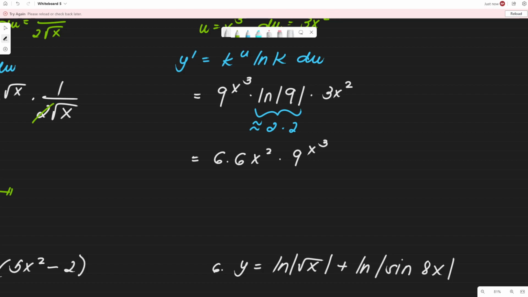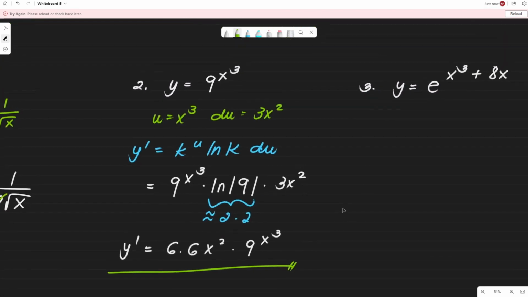Di ba? Hindi na natin masisimplify ito. Remember, x cubed is an exponent of 9, not multiplied to 9. So we cannot combine them afterward. So this is our answer na. y prime is equal to 6.6x squared times 9 raised to x cubed. Ganun lang siya.